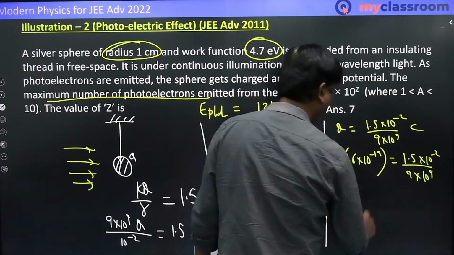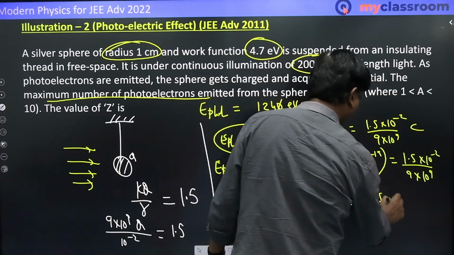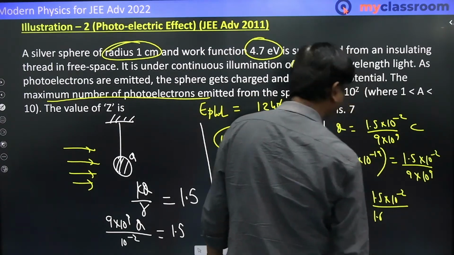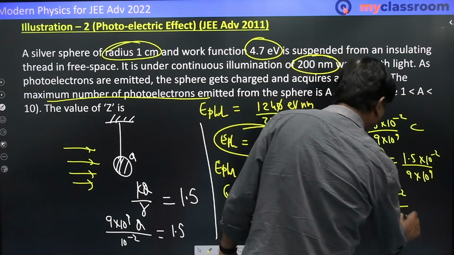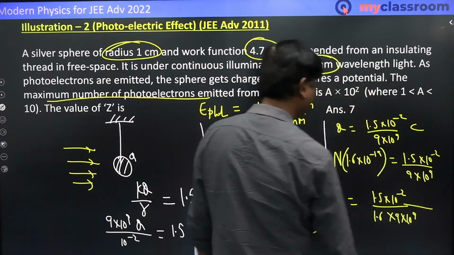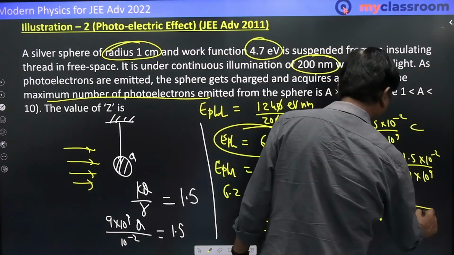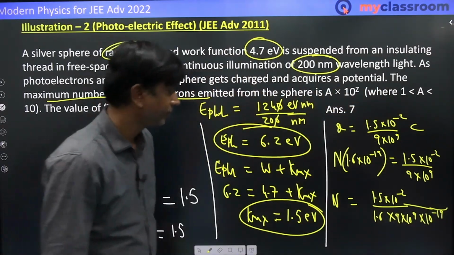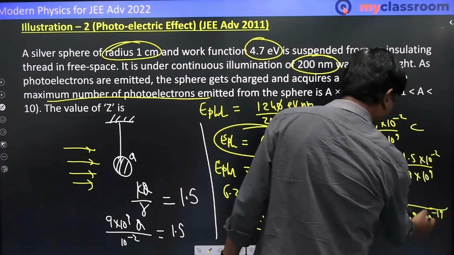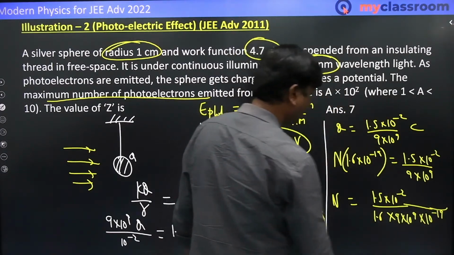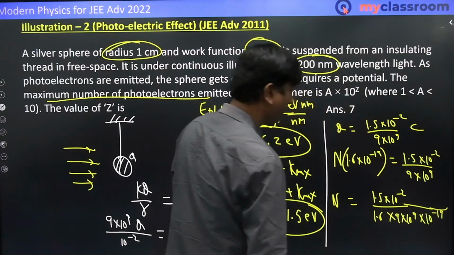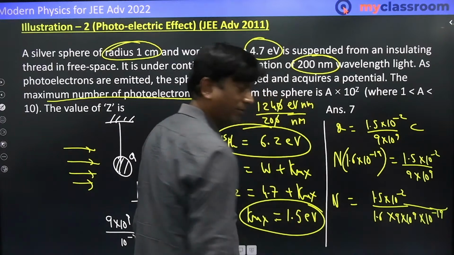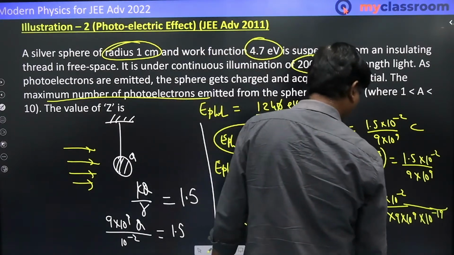What is the value of n then? n is 1.5 into 10 power minus 2 by 1.6 into 9 into 10 power 9 into 10 power 19. Do this calculation. It will be roughly 10 power minus 10, so that goes to 10 power plus 10, and with minus 2, we get 10 power 8.